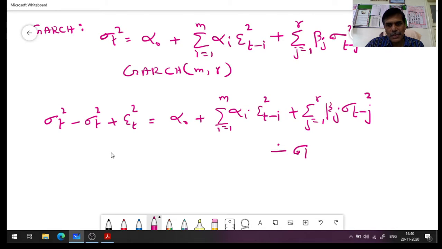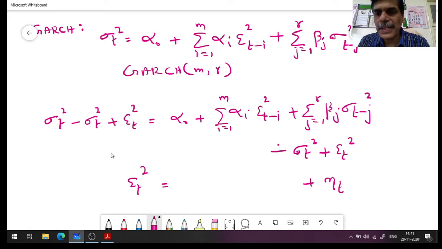So I have to subtract sigma t square and add epsilon t square over here. What will happen is that epsilon t square is equal to all this stuff plus eta t, where eta t is epsilon t square minus sigma t square. Okay, so you can see that some change will appear.